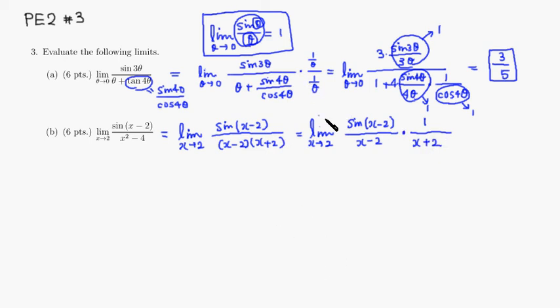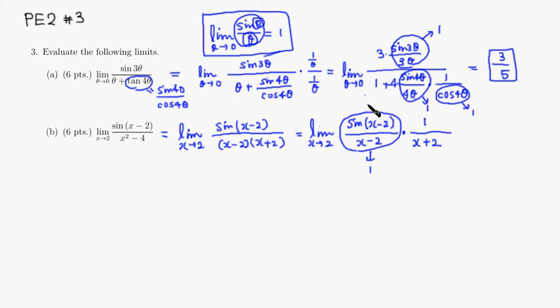Since x is approaching 2, x minus 2 approaches 0, which is the same situation as the limit we know. So this limit approaches 1.